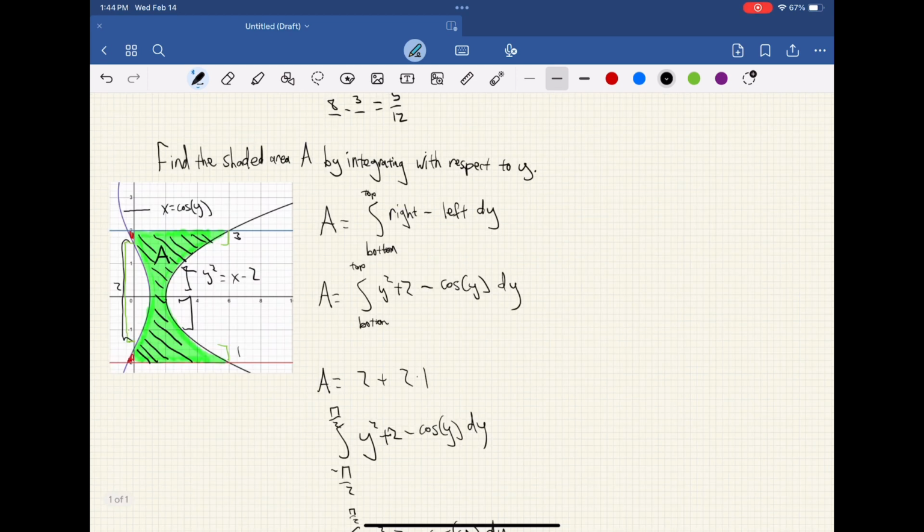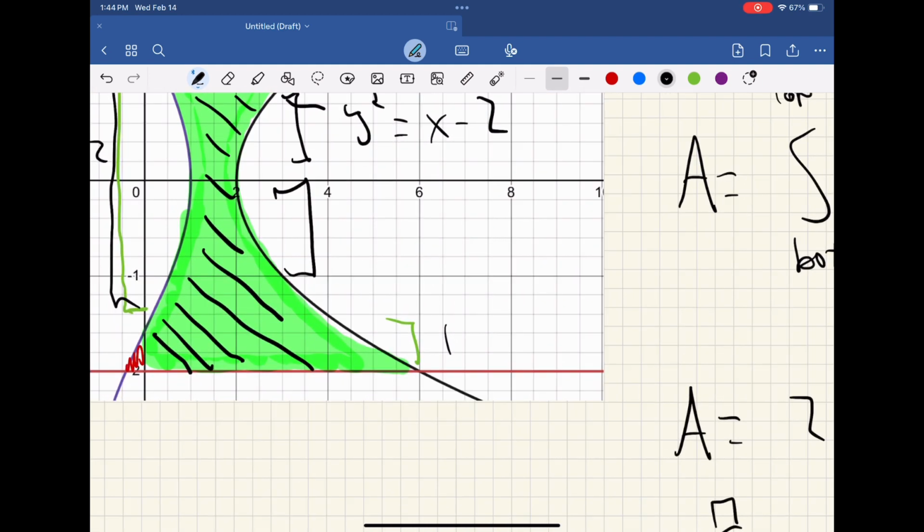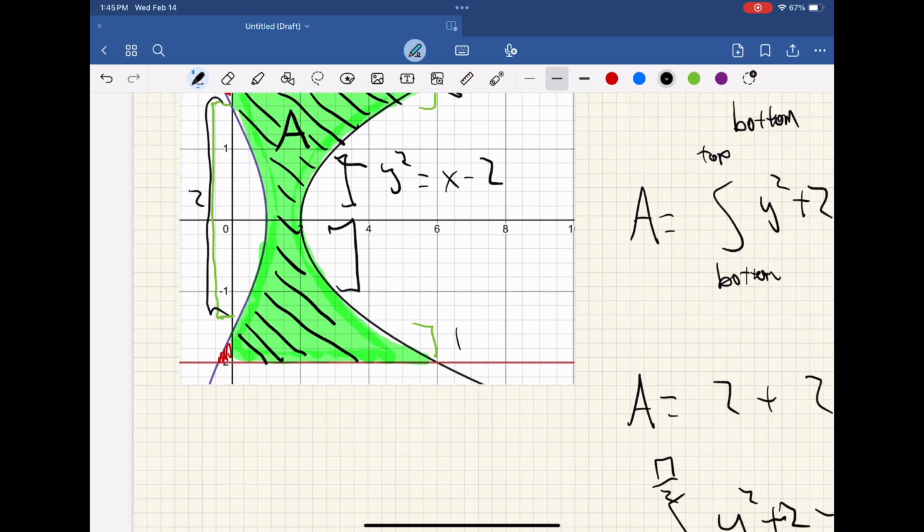Now we need to find section 1 and multiply that by 2. So in the case of section 1, we're going to be taking as our rightmost line the parabola, and as our leftmost line x equals 0.